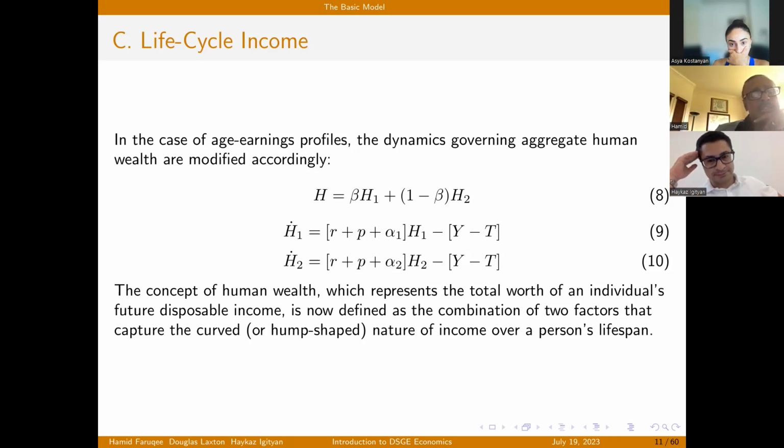That will be related to effectively the discount rates on future labor income. The alpha 1s and alpha 2s reflect the fact that eventually labor income declines. You eventually move into retirement over your life cycle, and that effectively adds another discount factor in terms of what your future disposable income will be.